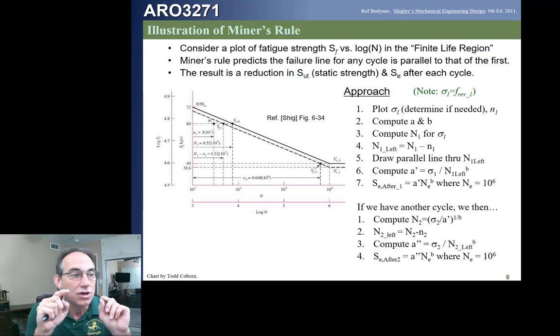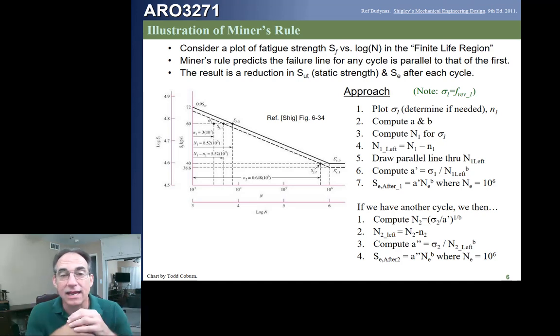If I tell you to use Miner's incremental rule to calculate the fatigue life, you will use this method. If I tell you to use Miner's rule, you're going to use the method that I showed you before. We just put a table together and tabulate that, okay? Is that clear?